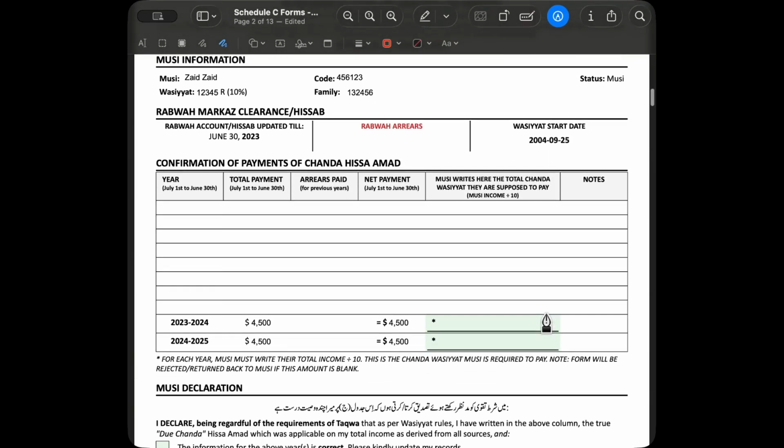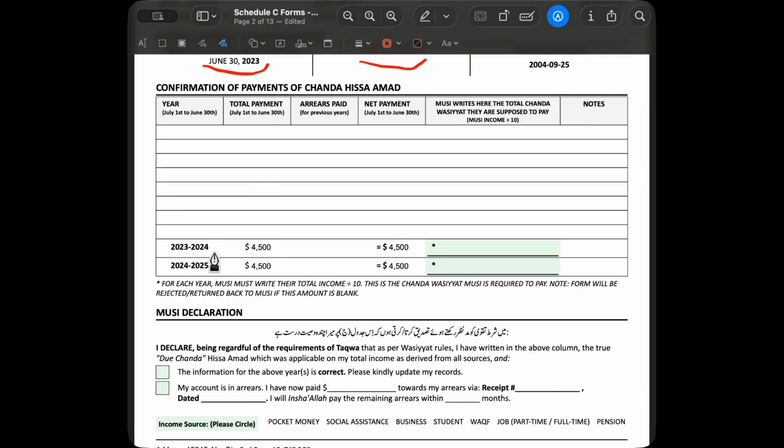This form is similar. Here you will notice the clearance letter has been received. There's no arrears. And also when we come here, you will notice that it's showing 2 years. So this means that the Musi has not filled out his Schedule C form for 2 years.